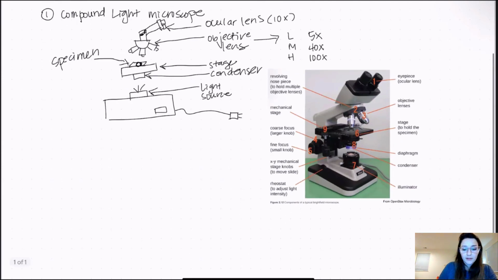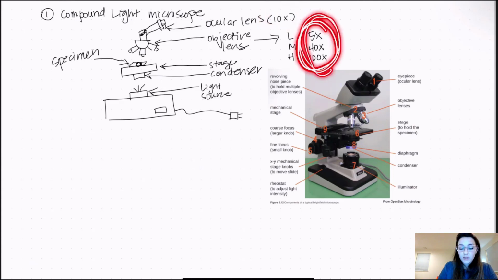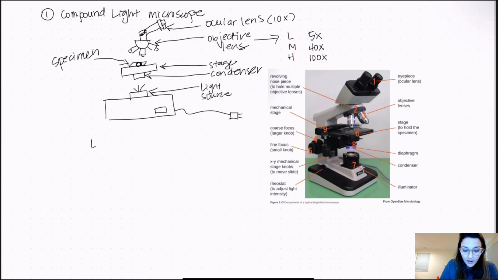And the thing about compound light microscopes is that because we have this 10 times magnification plus whatever we're looking at with the objective lens, we can make things a lot bigger than we could normally see with our eyes. So for example, if we were on the low power objective, the low power objective magnifies things already 5 times.